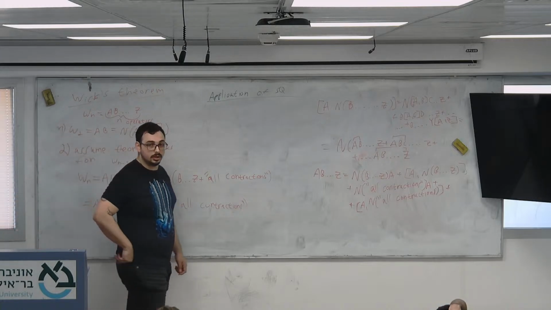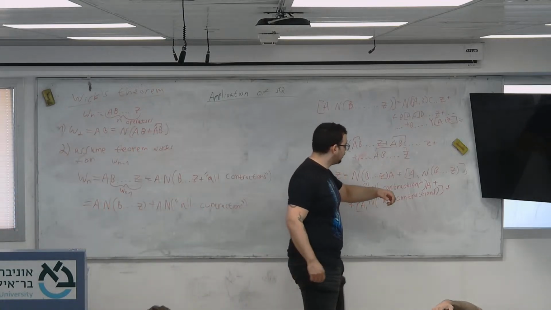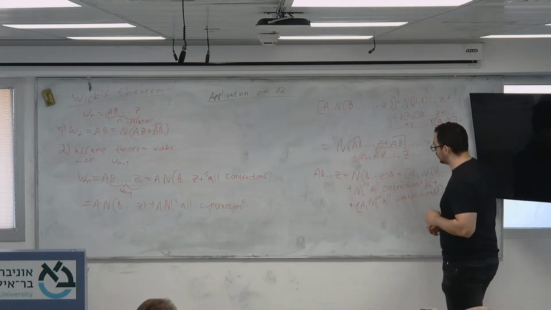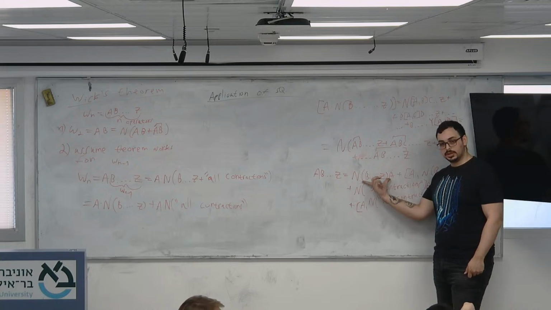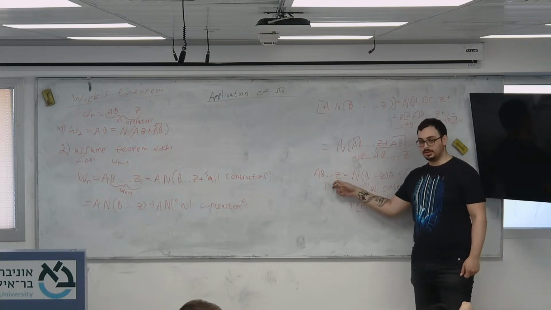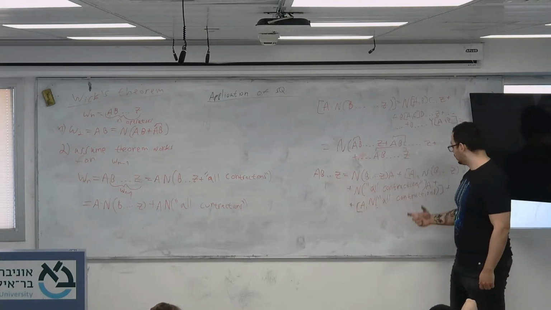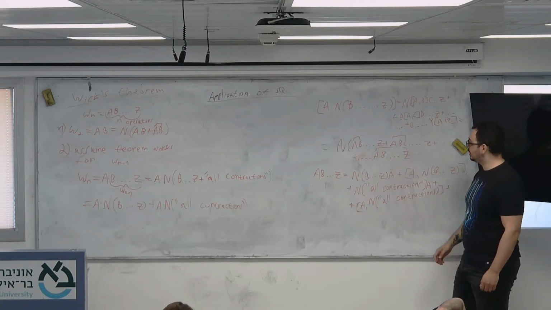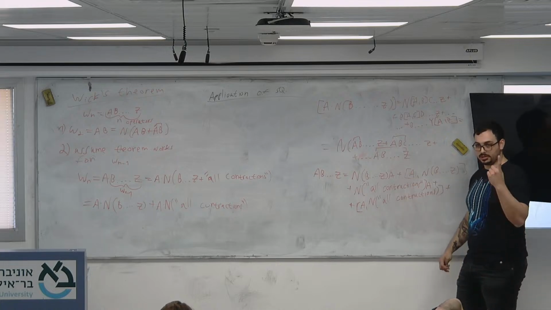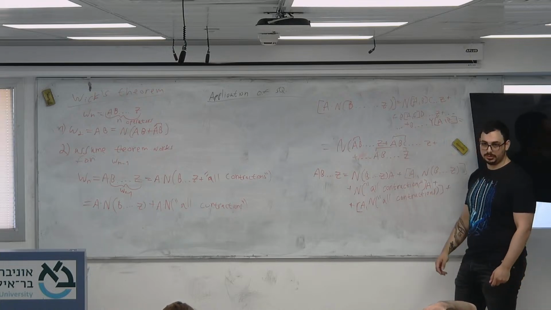All right, so let's go. Let's review our entire set of operators. This one right here is the normal order of the original state. This one right here, we showed that this is just the single contraction with A. Okay.